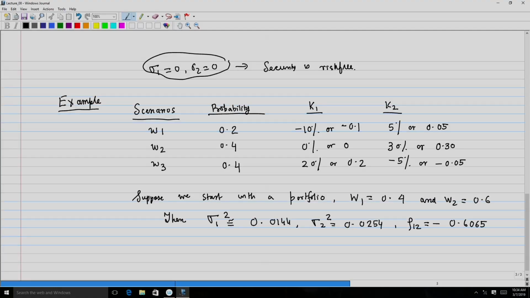That sort of should be obvious, considering the fact that in the first scenario omega 1, when the first asset is incurring losses or negative returns, you get a positive return in case of the second asset. In the second scenario, when the return is 0 for the first asset, you get an extremely high return for the second asset, and the third scenario, when you have a return that is fairly high in case of first asset, you observe that the return in case of the second asset becomes a negative quantity, that means it is incurring losses.